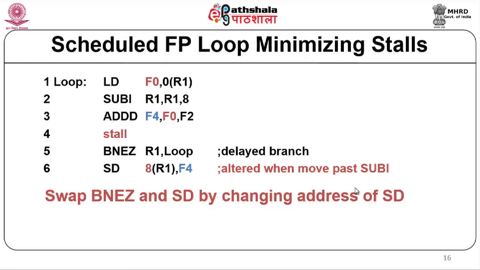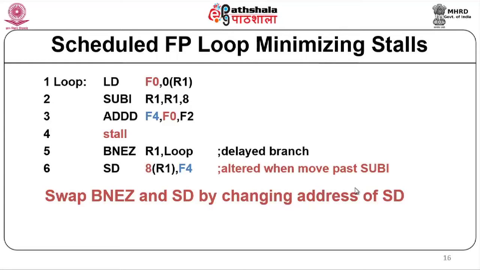This was done by just swapping the branch instruction and the store and by changing the address of store. Because the sub instruction already modifies the value of R1, when you execute the store instruction, it will do a wrong store. So in order to compensate for whatever the sub instruction has carried out, the store instruction does not store into 0(R1), it now stores into 8(R1) because the sub instruction has already reduced R1 by 8. So that compensation has been carried out.